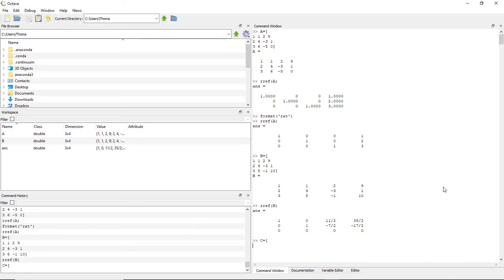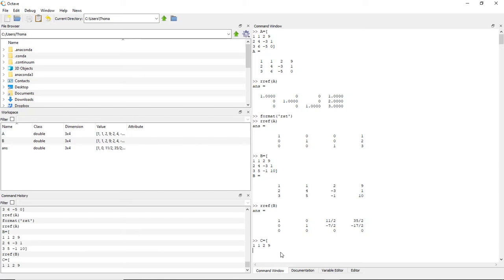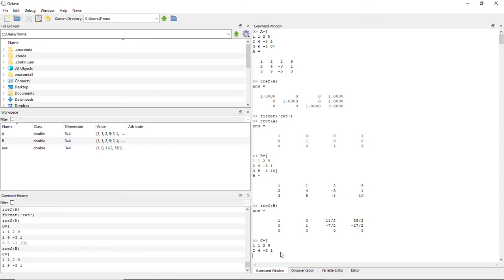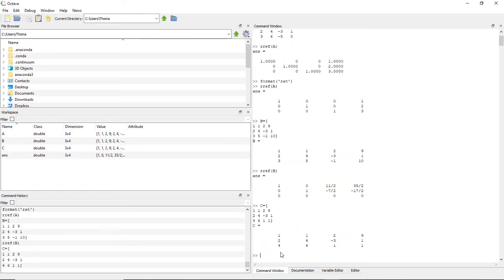So what I hope you can see, it says C equals and then a square left bracket, and then I type in my matrix 1, 1, 2, 9, next row 2, 4, minus 3, 1, and the last row 4, 6, 1, 1. Close that bracket up, and let's go for the RREF.